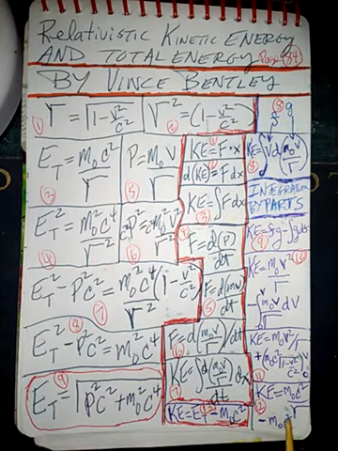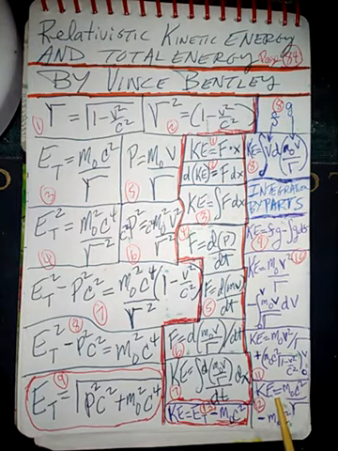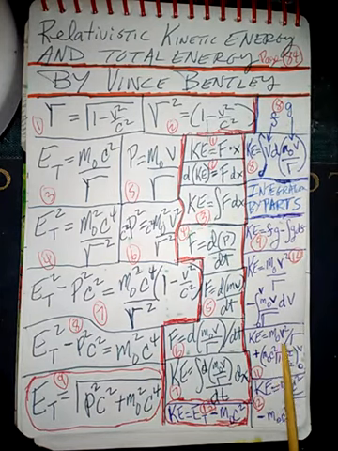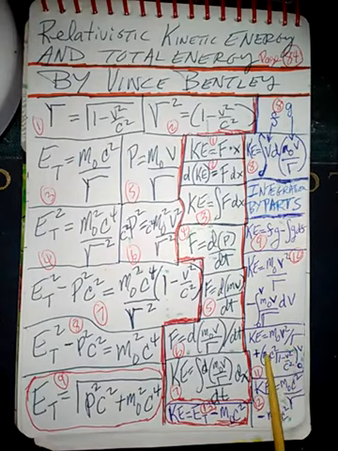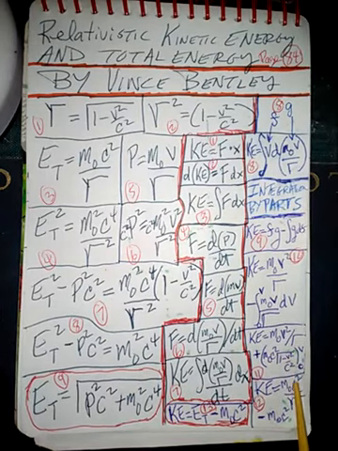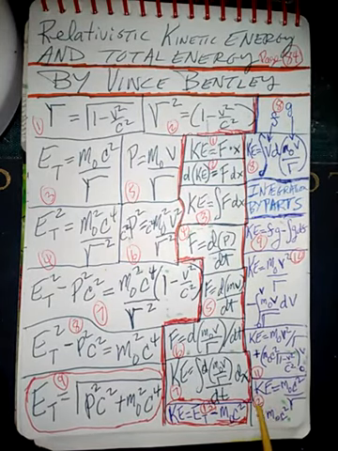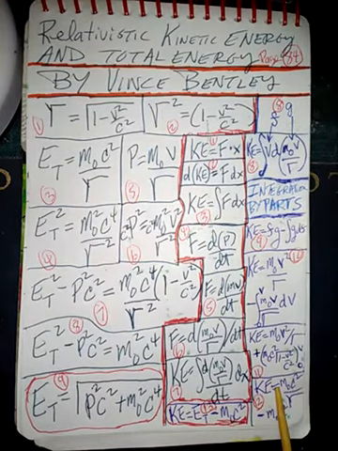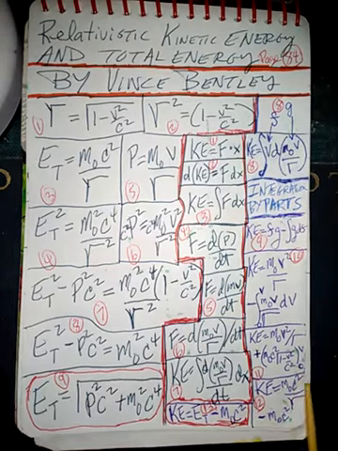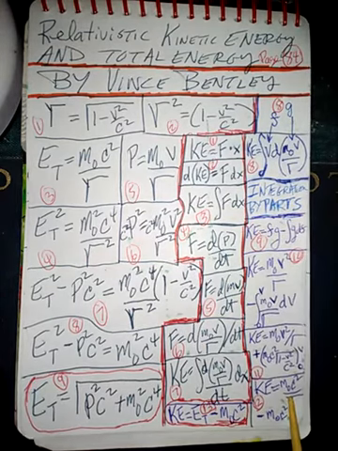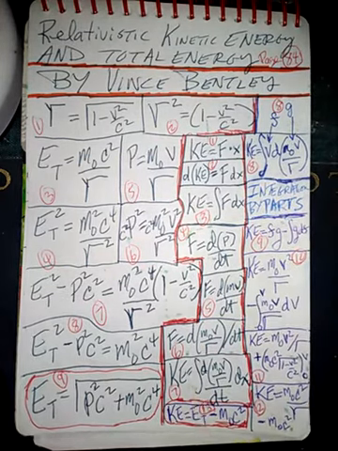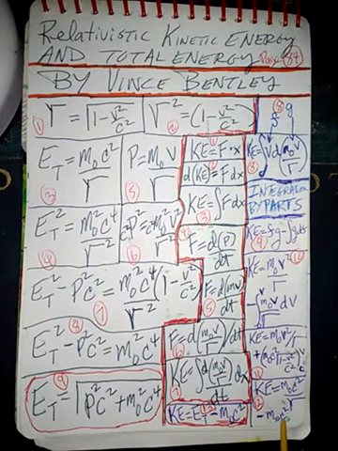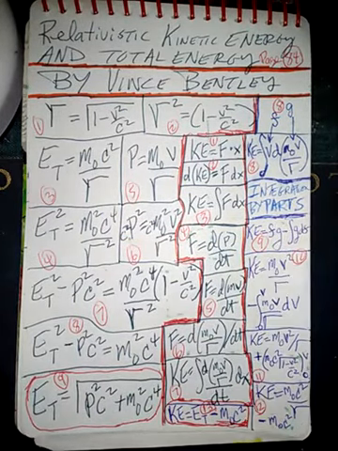All right. So therefore, this plus this is going to give you this right here. This is step 11, step 12. Kinetic energy equals rest mass c squared divided by the square root, which is this, minus m sub 0 c squared, which is the rest energy of the particle.